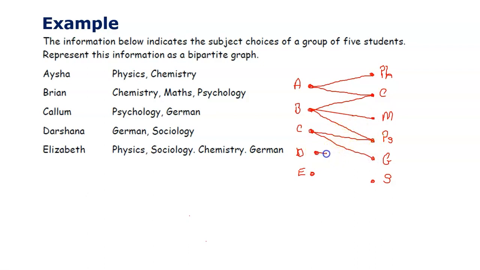Darshana takes German and sociology. And Elizabeth seems the clever one. She's doing physics, sociology, chemistry, and German. She's just showing off, isn't she? But you can get the idea of that group of 5 students, and that's a bipartite graph to show all that.